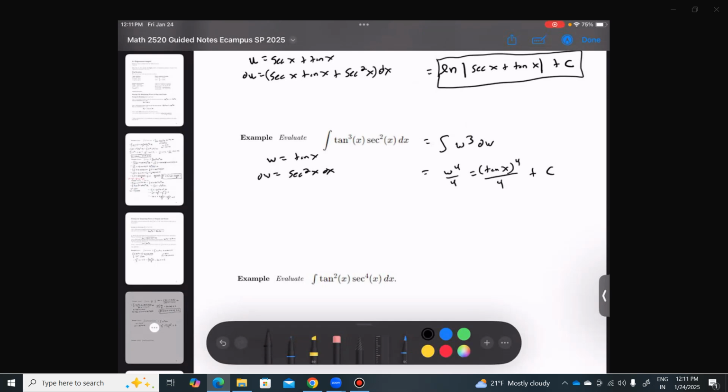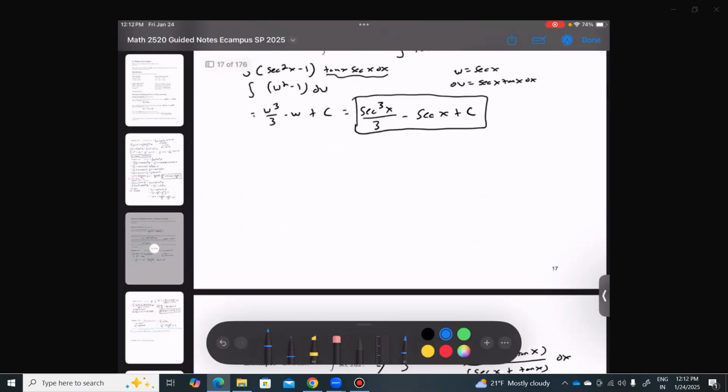If we tried it the other way, let's see how bad it gets. I think what we will want to do is keep two factors of tangent x secant x. So we can write this as tangent x secant x squared dx.